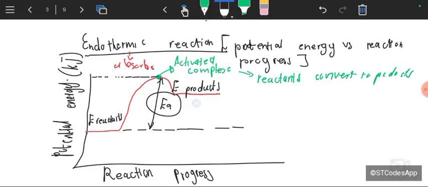Now the energy from the reactant's energy to the product's energy, we call that the enthalpy change, or maybe you can call it the heat of the reaction. There are a lot of schools, different textbooks, different people who teach it different ways, but just know that from grade 10 and grade 11, we call this the enthalpy change, the heat of reaction, if you want to say so.